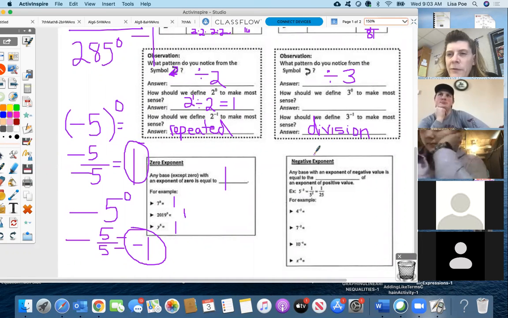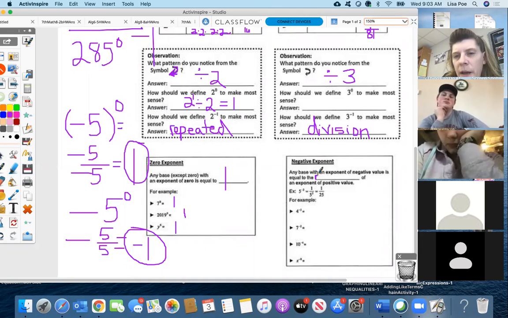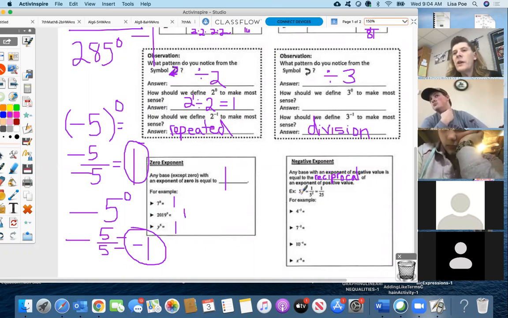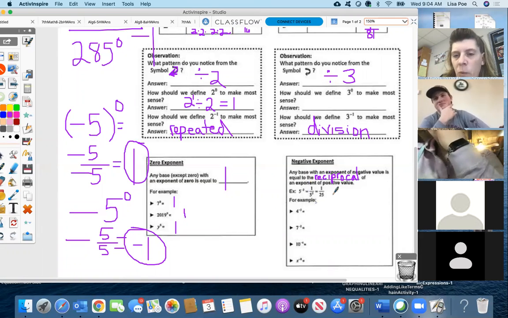Anybody know what word I'm looking for? Reciprocal. Yes, exactly. So when you have a positive exponent, you start multiplying. When you have a negative exponent, you can still multiply, but you have to divide it by 1. So 5 to the -2 is really equal to 1/5 to the 2nd.